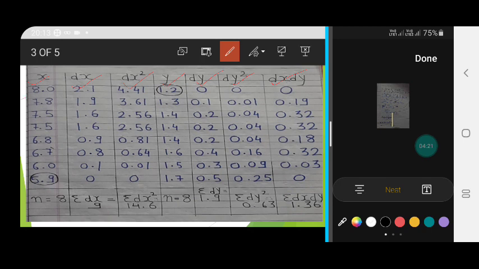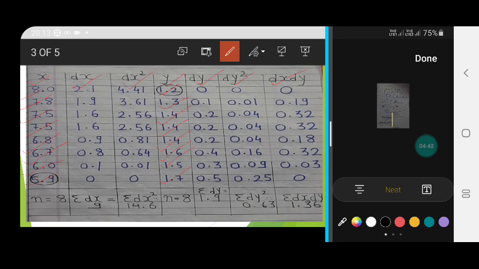We have written 8.0, 7.8, 7.5, again 7.5, then 6.8, 6.7, 6.0 and 5.9 in the X column, and in the Y column again we have written the values from the question. So we have written 1.2, 1.3, 1.4, 1.4, again 1.4, 1.6, 1.5 and 1.7.